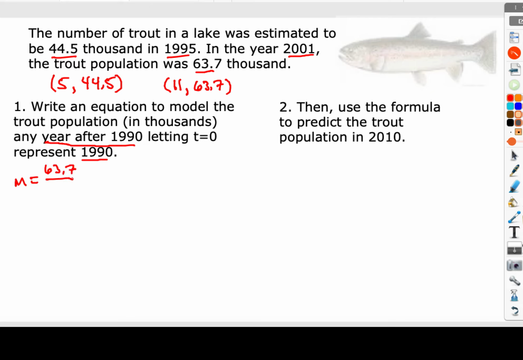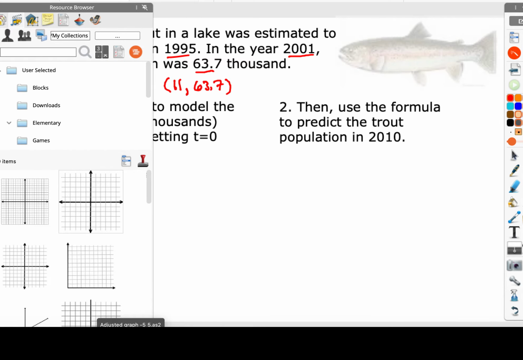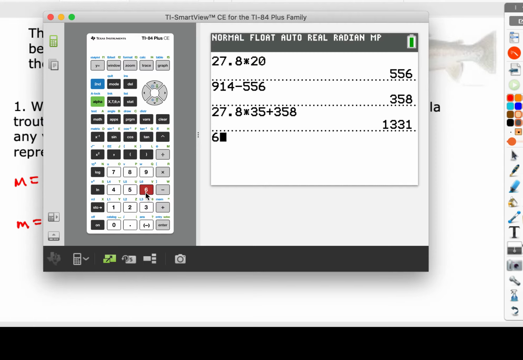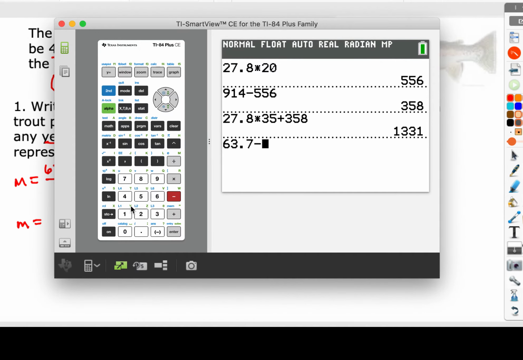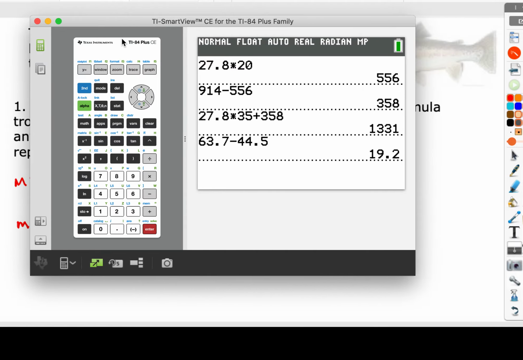63.7 subtract, right? 44.5 over 11 minus 5, or m is going to equal, now I want to make sure I get these numbers right, so I'm going to be very careful, 63.7 minus, again I want to make sure I have my numbers right, 44.5, and we're going to have 19.2, and I'm immediately going to divide by, well, hey, 11 minus 5 would be 6.